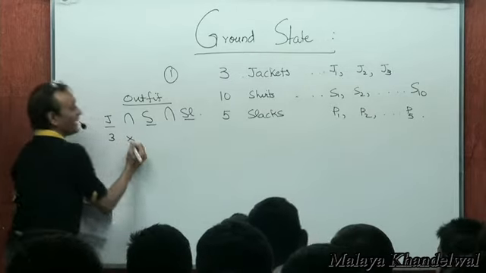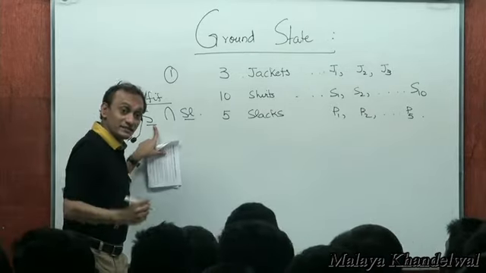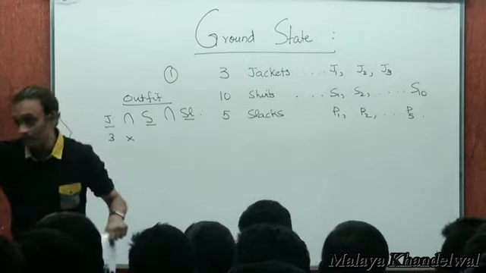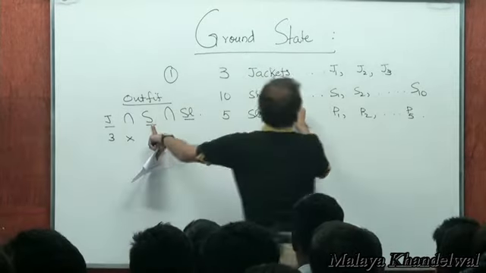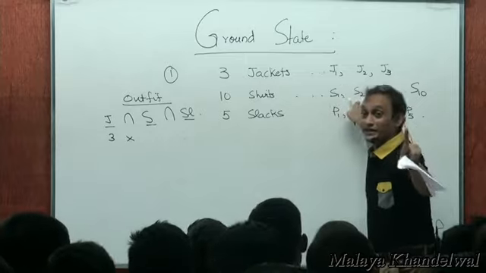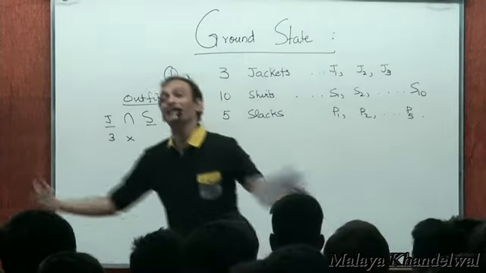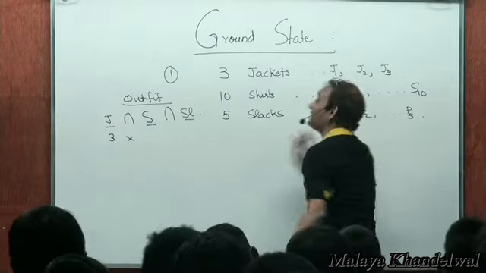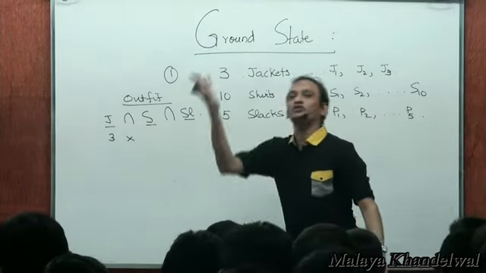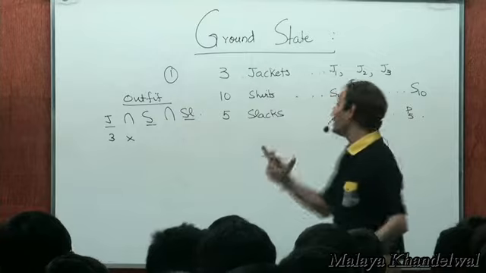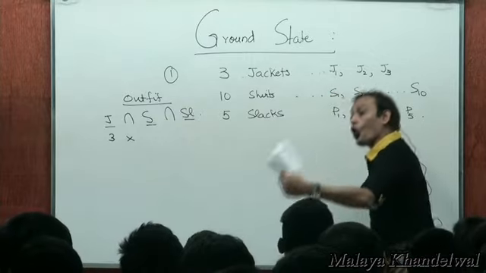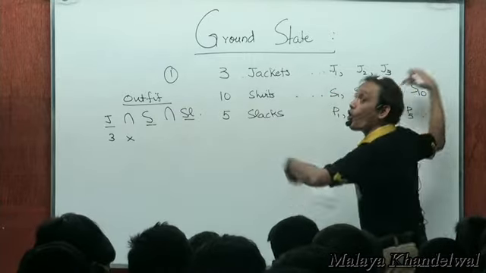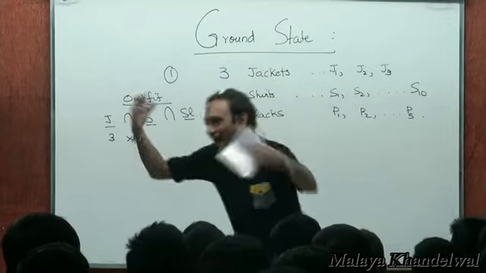And then a shirt, and means multiply. 10 shirts, he'll wear 1 shirt. Don't tell me it's so cold he's wearing 3 shirts. So out of 10 he can wear 1 in 10 ways, because he could wear either S1 or S2 or S3 or S4. Realize the moment there is "or", we are adding.